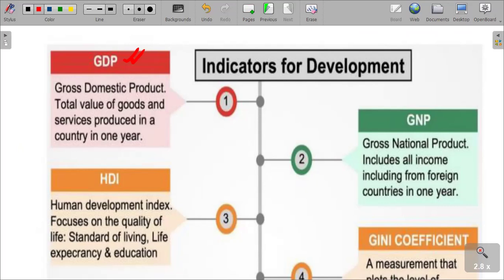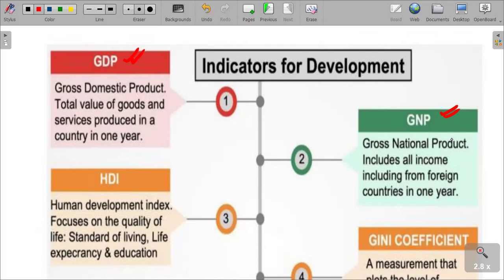As factor number one, we want to look at gross national product, which includes all income, including from foreign countries, in one year. This is also an economic indicator. It measures the total value of goods and services produced by a country's residents, irrespective of where they are located.